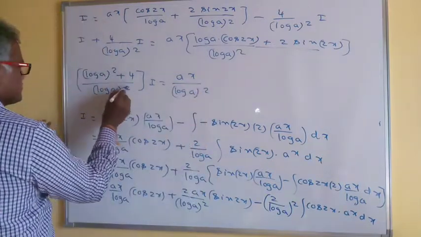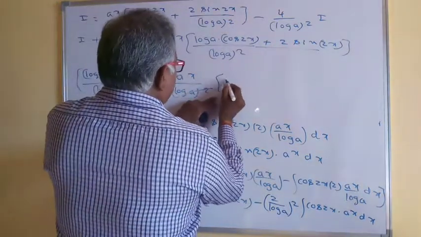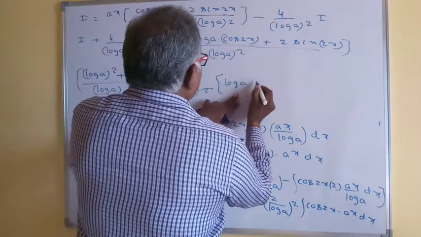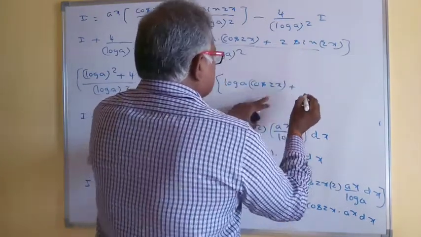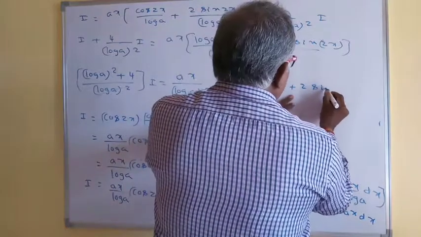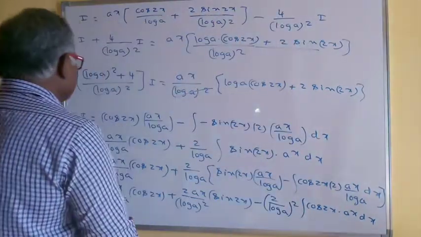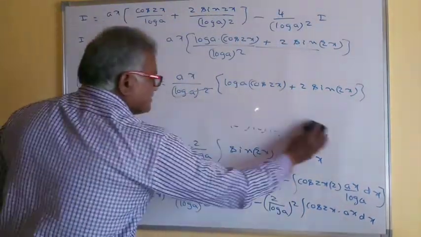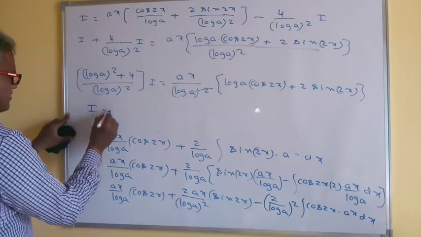So this whole square and this whole square get cancelled. Remaining here is log a into cos 2x plus 2 into sin 2x.